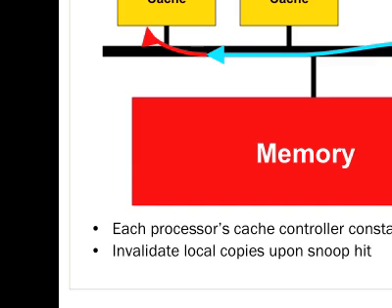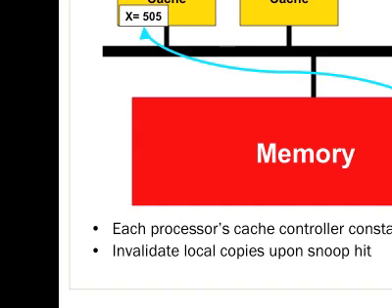And a memory read will be able to supply the latest value of variable X to the first processor. That's what's showing up here. So if next time processor 1 wants to load X, it will load the value from the main memory because of the cache miss.